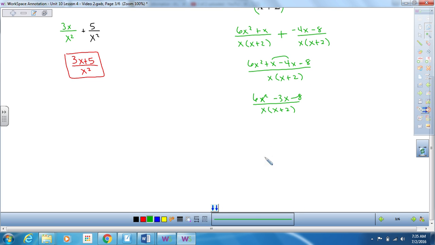Okay. Then I would need to see if the top could factor. Okay. So I'm going to check 2x and 3x because that multiplies to give me 6x squared. And then I'll use 4 and 2.